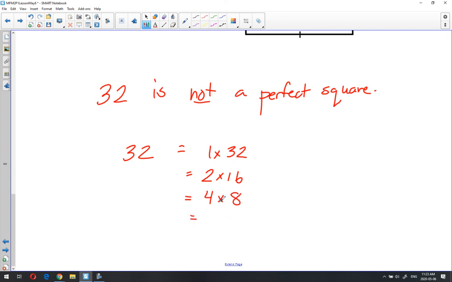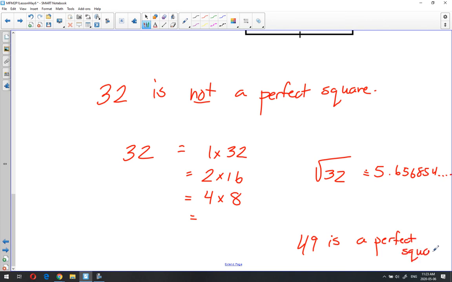I think that's it, those are all the factors of 32. But none of these numbers are identical. So if you were to take the square root of 32, you'd have to get into a decimal number. Using your calculator, the square root of 32 is approximately 5.65684, etc. Because this isn't a whole number, 32 is not a perfect square, as opposed to, say, 49, which is a perfect square.